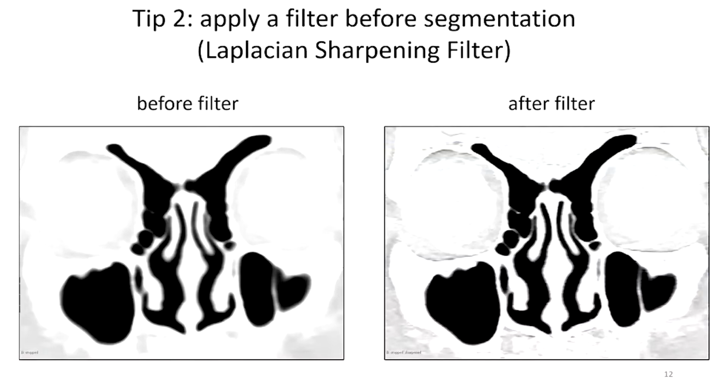The second tip is to try to apply a filter before the segmentation, because when you get this kind of CT images, usually the boundary is not that clean, and you can see the images after the filter. This is called Laplacian sharpening filter. You can see the boundaries are cleaner than before. So it really helps us to improve the segmentation quality.